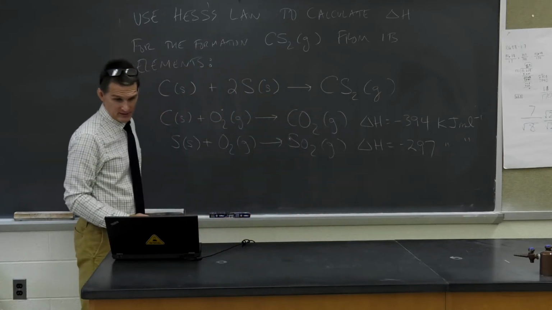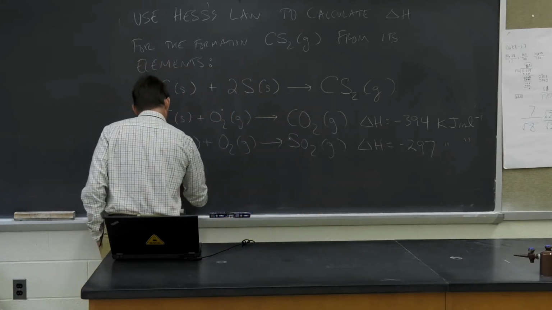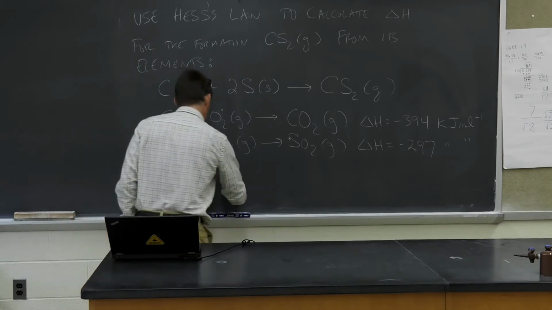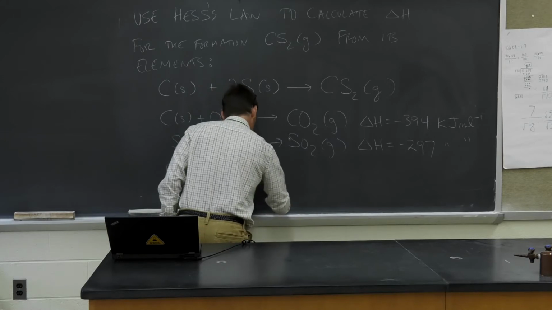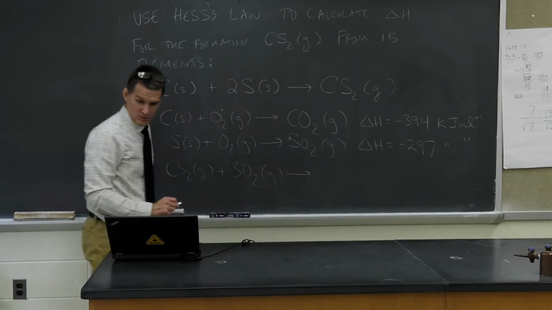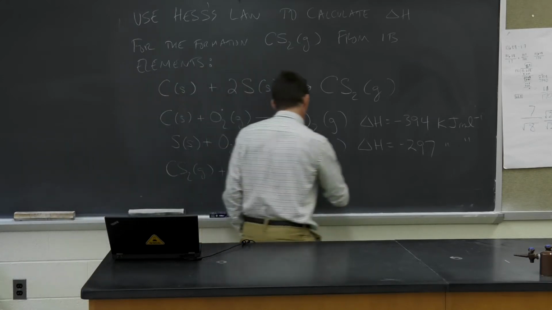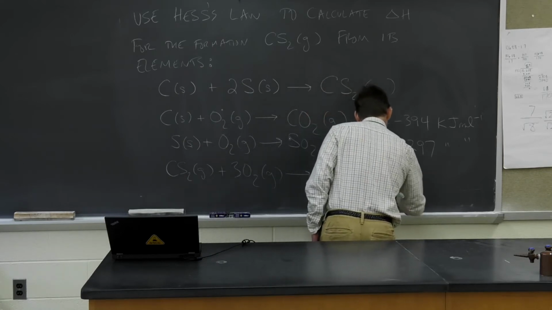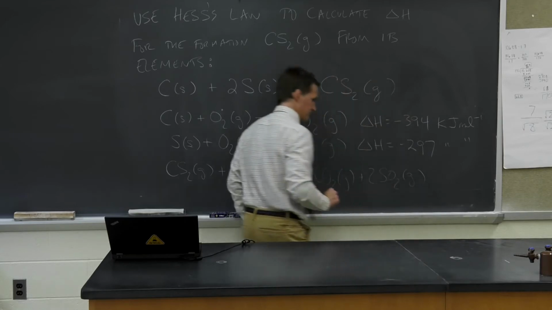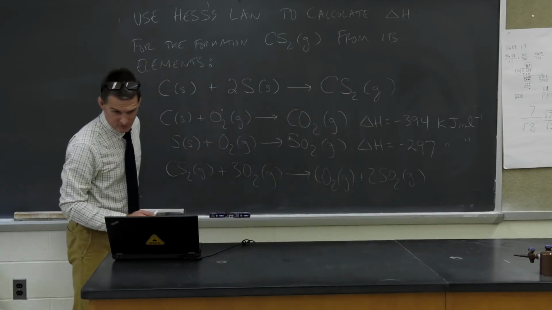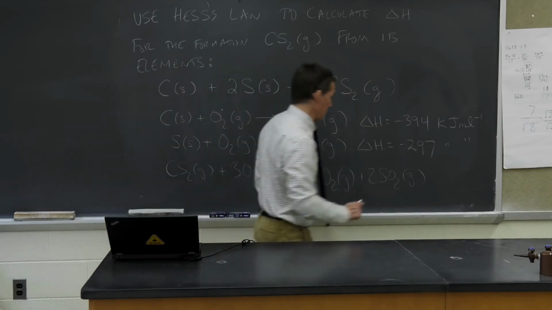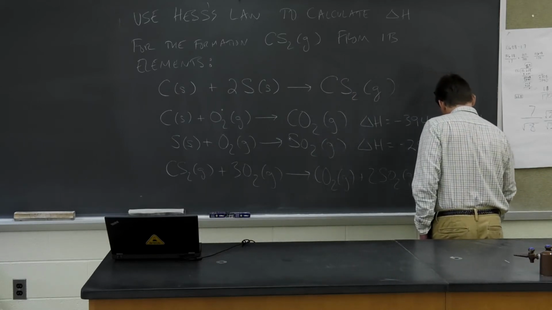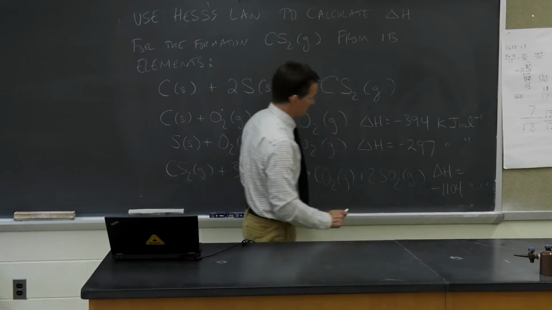And then finally the third reaction is going to be the reaction of carbon disulfide gas reacting with 3 moles of oxygen gas, and that's going to be going to carbon dioxide gas and 2 sulfur dioxide gas, and the enthalpy change for that particular reaction is negative 1104, again, it's kilojoules per mole.